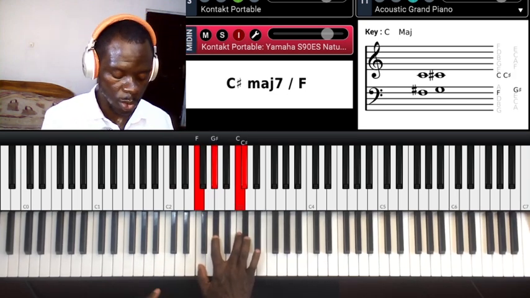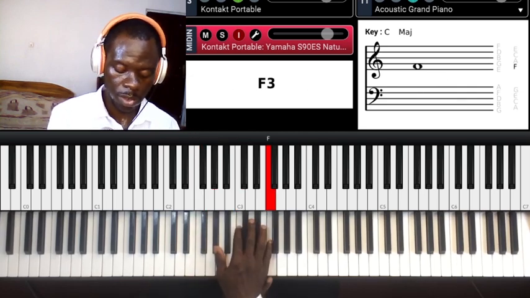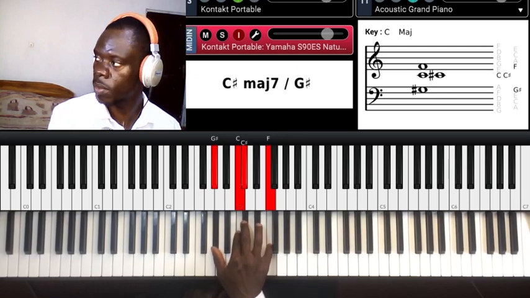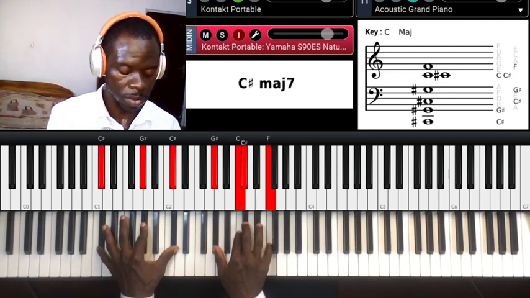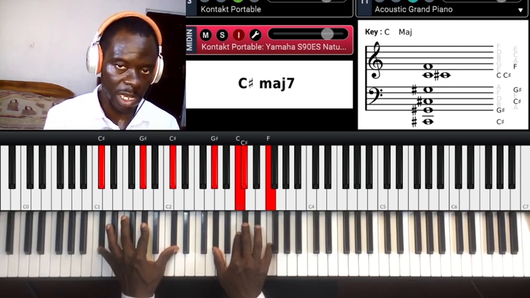Okay, so now this would move here, so we will have that's for the second inversion.